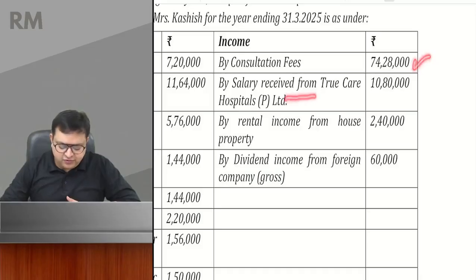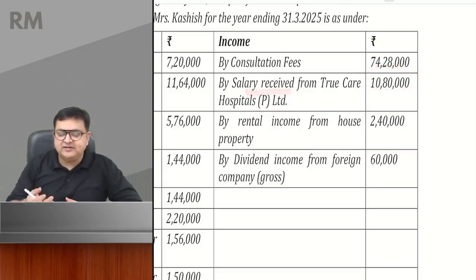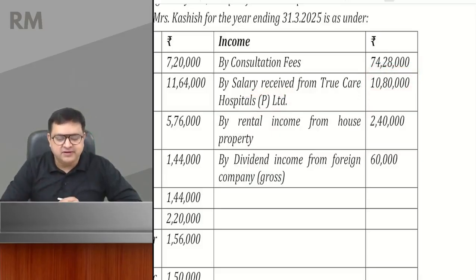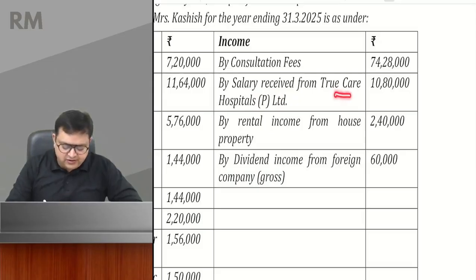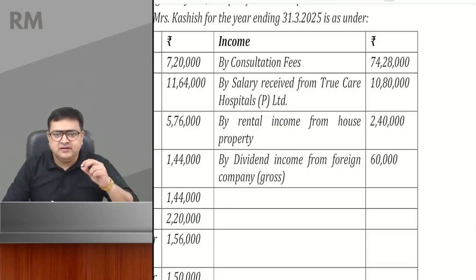Salary received from True Care Hospitals Private Limited, 10,80,000. This is the salary which she has received from True Care Hospitals Private Limited. There is some company from where we are getting salary. What type of income is it?